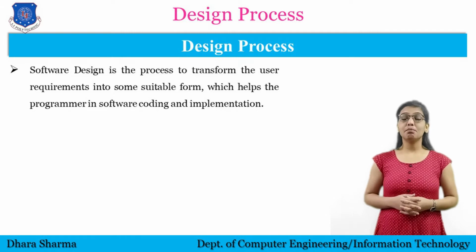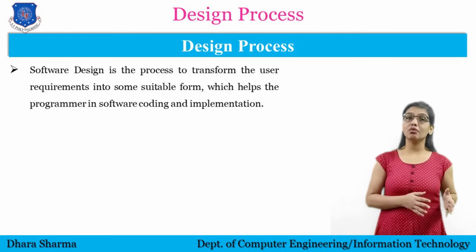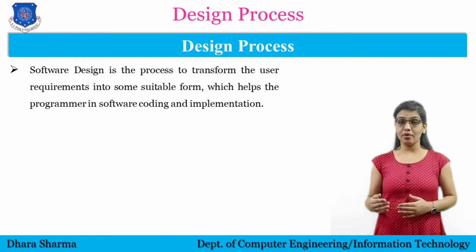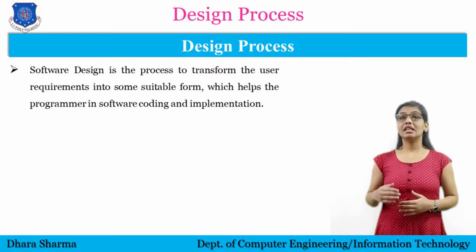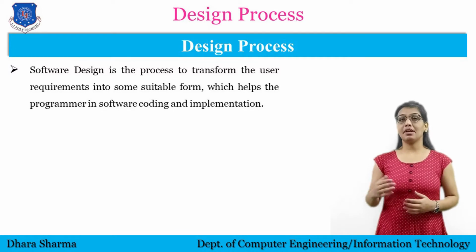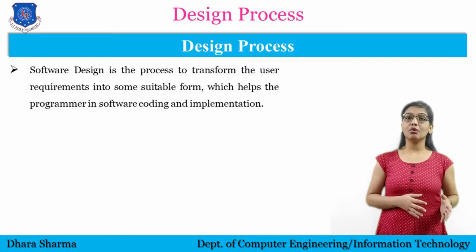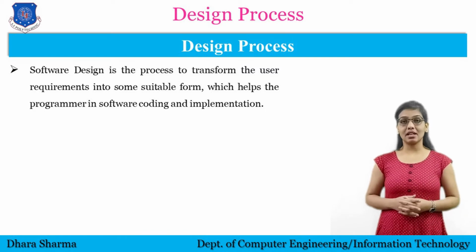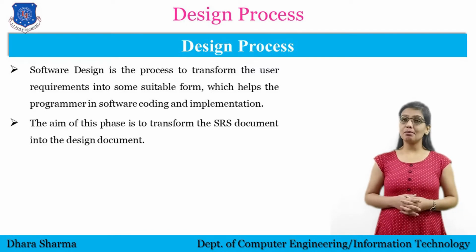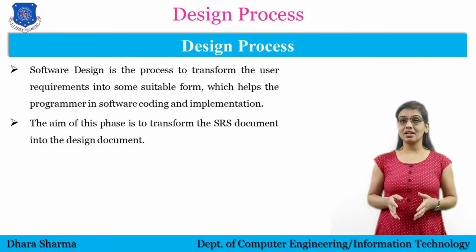Software design is a process to transform the user requirements into some suitable form, which helps the programmers in software coding and implementation. During the software design phase, the design document is produced based on the customer requirements as documented in the SRS document. Hence, the aim of the phase is to transform the SRS document into the design document.